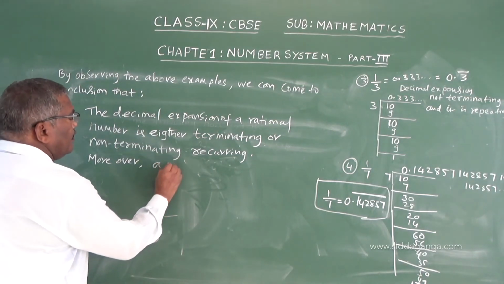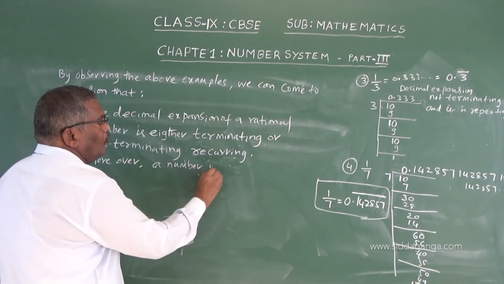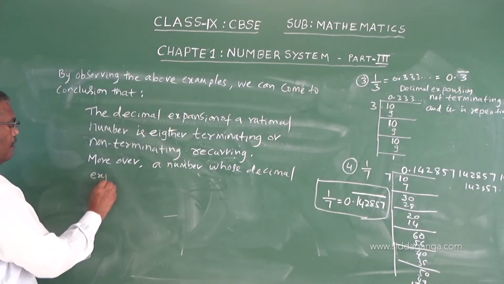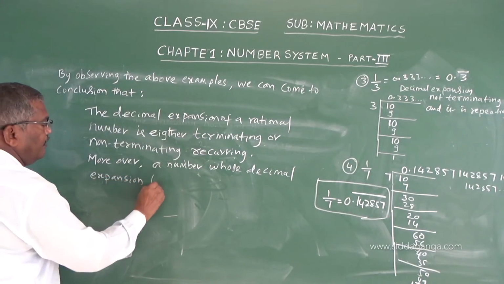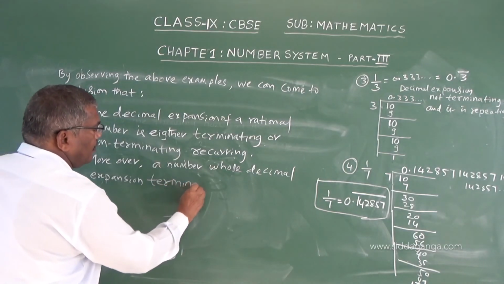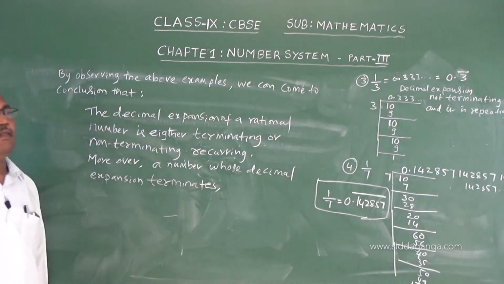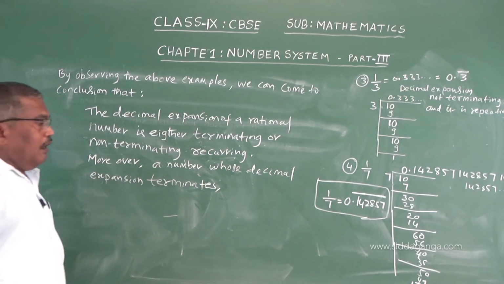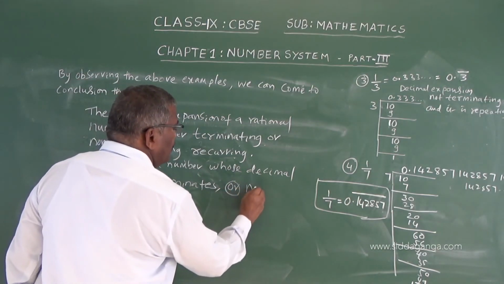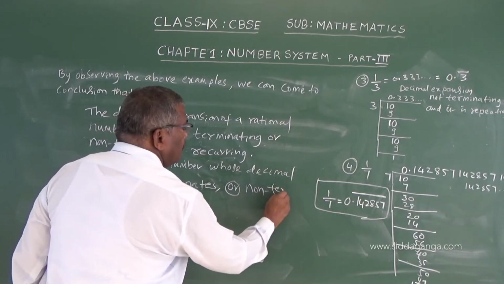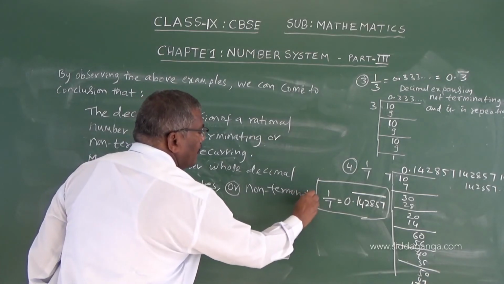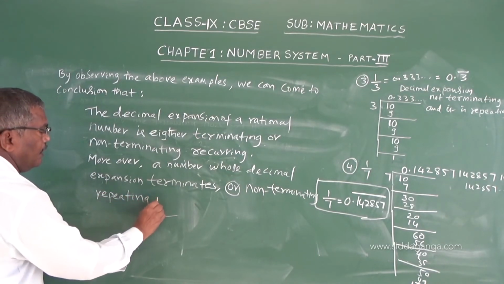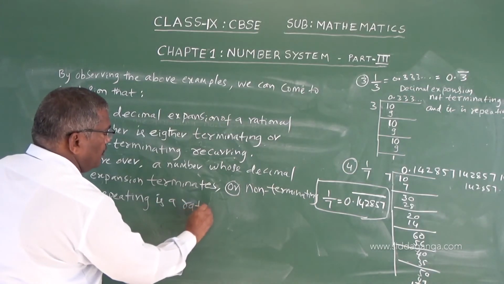Moreover, we can say a number whose decimal expansion terminates or is non-terminating repeating is a rational number.